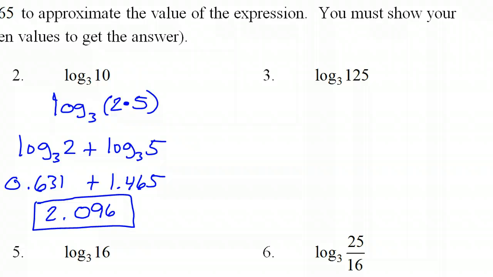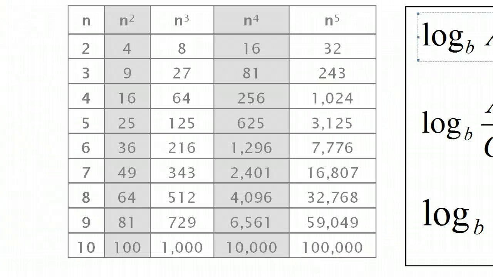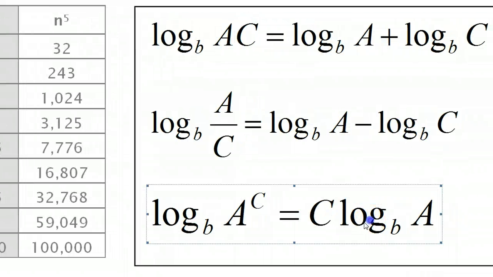So this would be the same thing as log base 3 of 5 to the third power. So this reminds me of the third rule, this one. If you have the log of something with an exponent, that would be the same as if you put the exponent in the front.